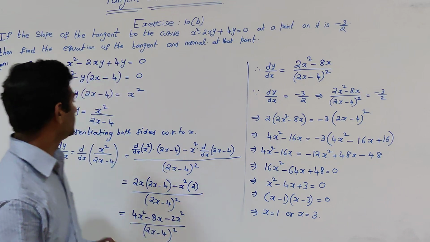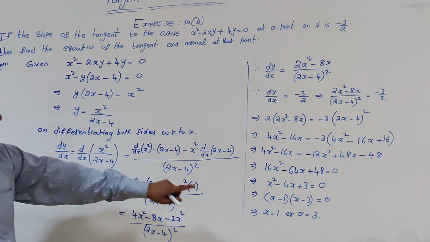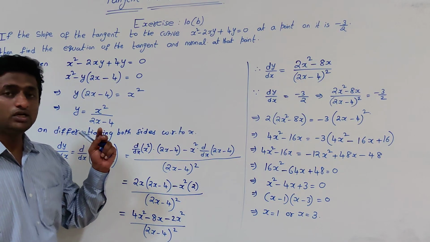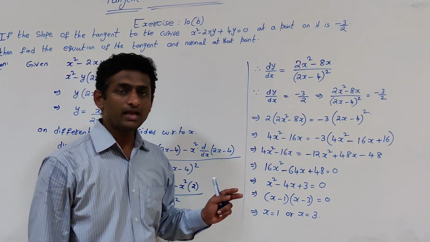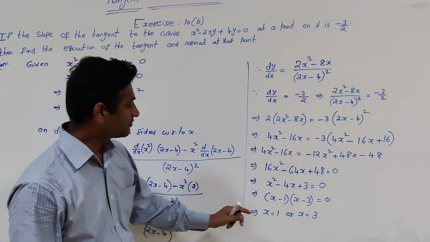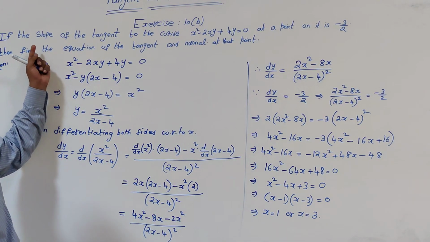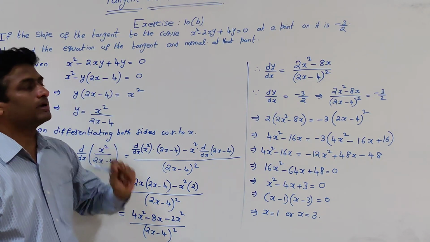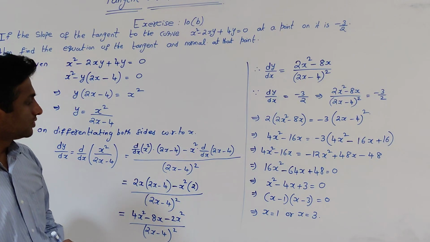Substitute x is equal to 1 in the curve and x is equal to 3 in the curve. So you will be getting 2 points where the slope will be minus 3 by 2. After finding the points, we have to find the equation of the tangent as well as the normal at that point.